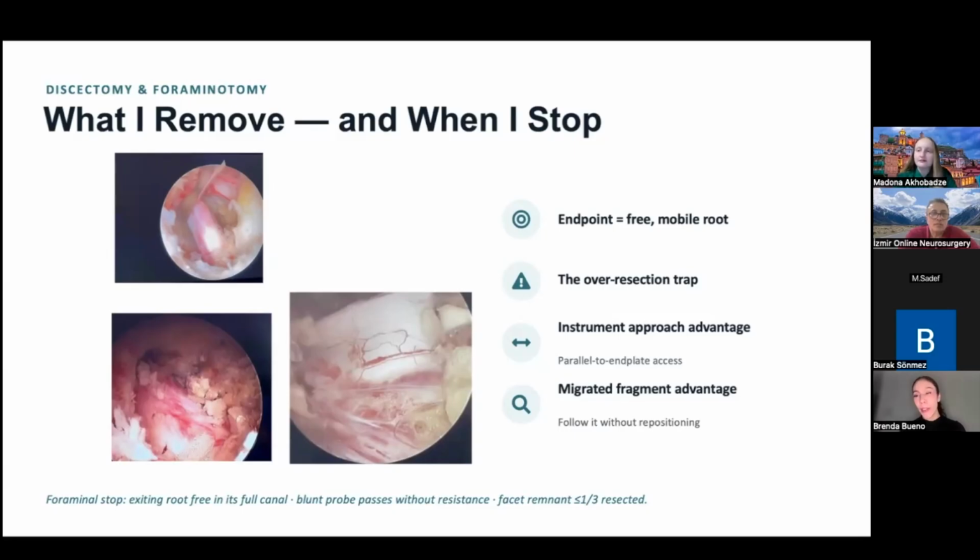We fall short with the decompression, because we do a lot of bone work and think in our mind, I did too much, that is enough, but it's not. Sometimes one of the principal complications is suboptimal decompression, and sometimes you need to redo the surgery because the decompression was not enough.